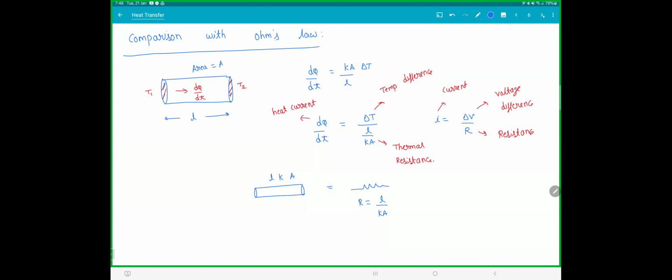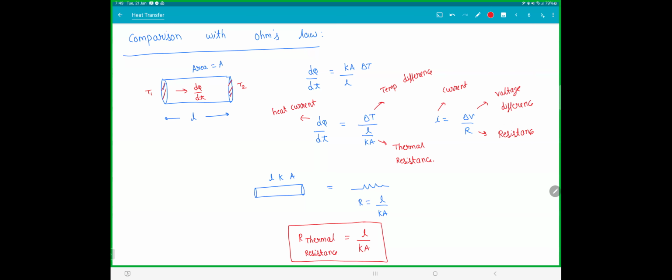This is called thermal resistance. And you can use your entire current electricity, series, parallel, everything you studied in school, and it will be valid. Quite a useful concept. Again, we'll encounter this in fluids, and as usual in current electricity. Clear? So L by kA.